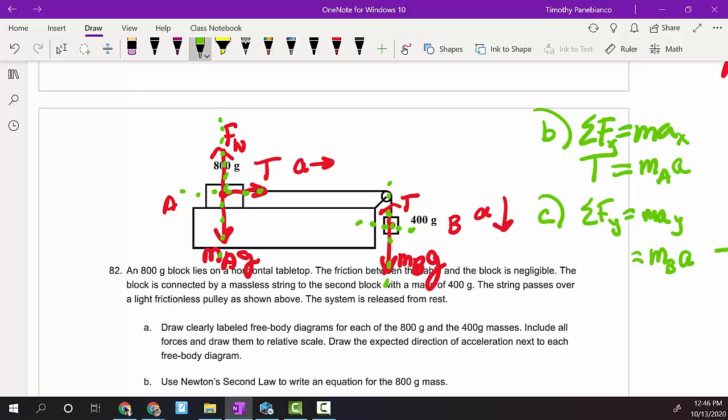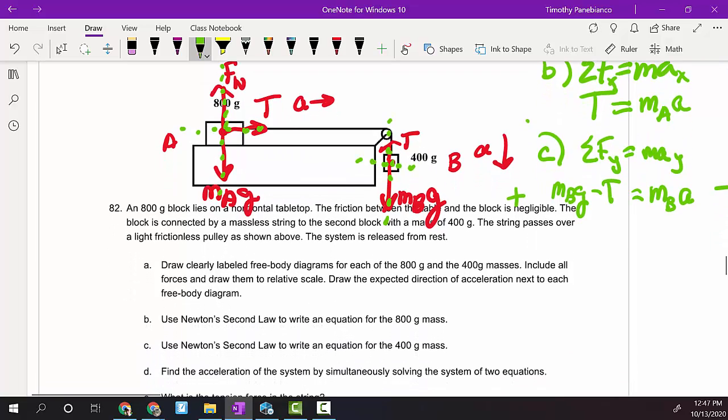Now, for the sum of the forces, what will go in there is that we have MBG down and tension up. I'm going to say that down is positive since that's the direction of acceleration, which keeps this as positive. And then we'll have MBG as positive, tension as negative. That accomplishes parts A, B, and C at this point.